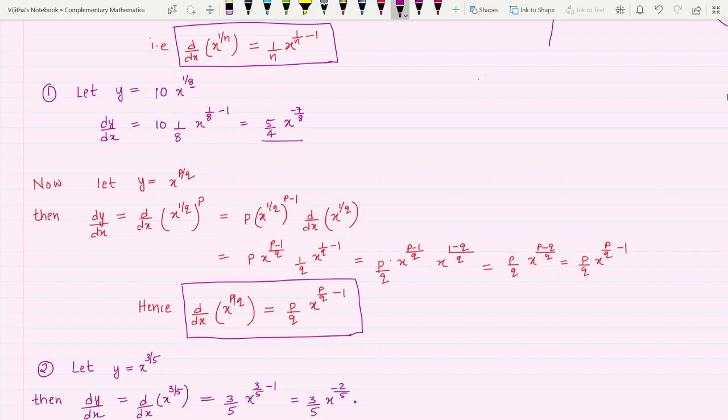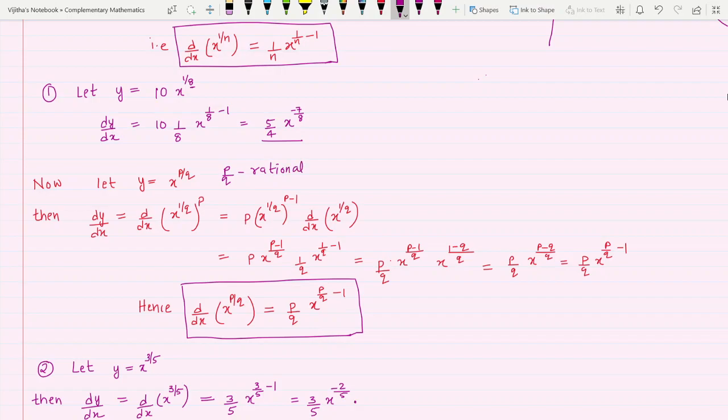So we have seen that the power rule is valid if the power is a fraction. Also, suppose y is equal to x raised to p by q, where p by q is a rational number, then also we can apply the same power rule to find its derivative.